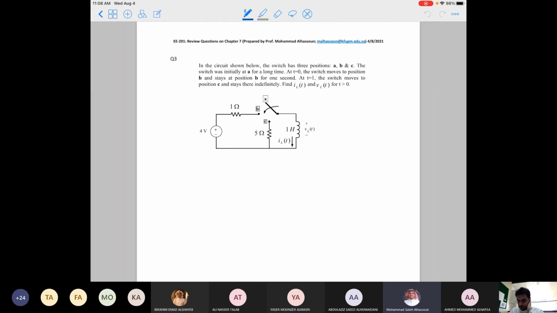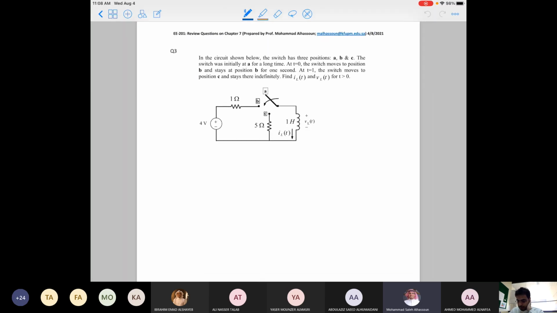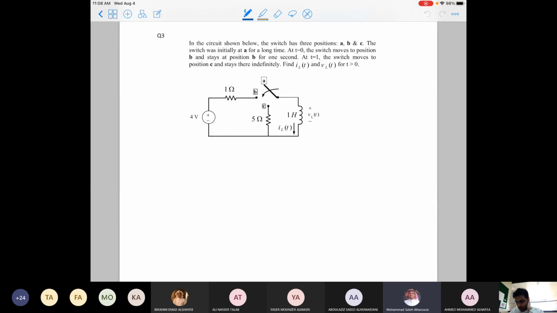So let's try to solve this problem. This problem is on sequential switching, because the switch is moving between more than two states. Originally it was at position A, then it moves to position B, then to position C. It was at position A for a long time.